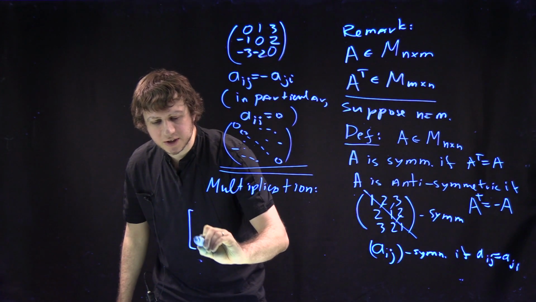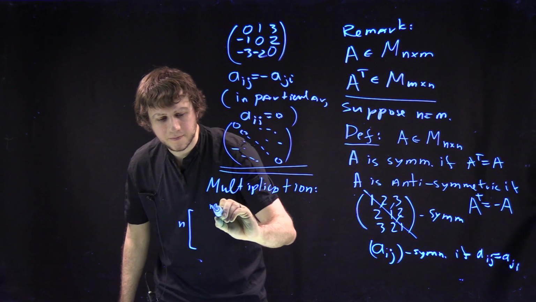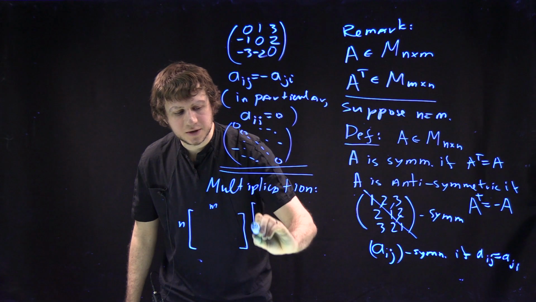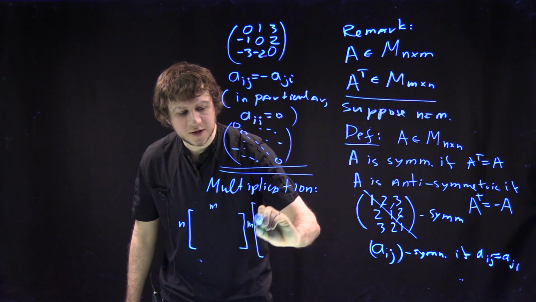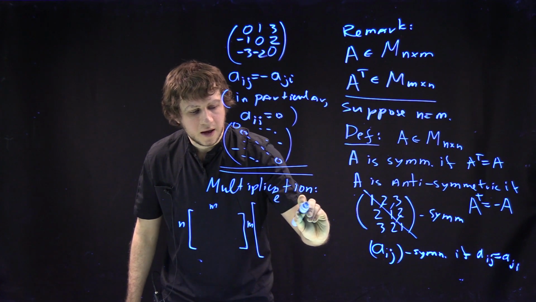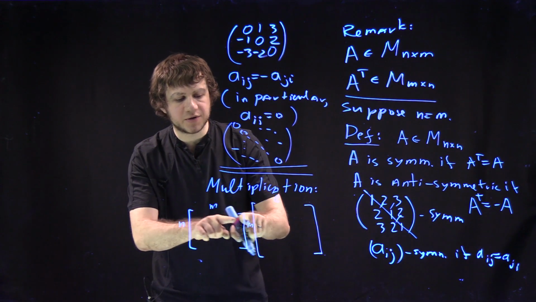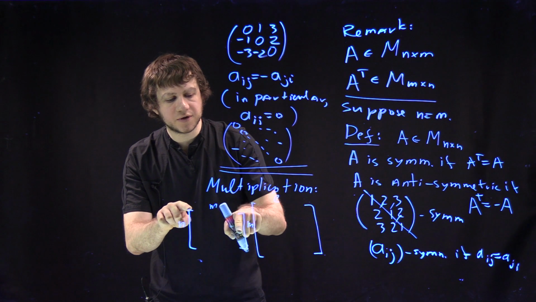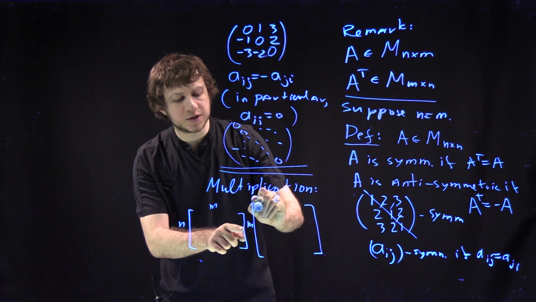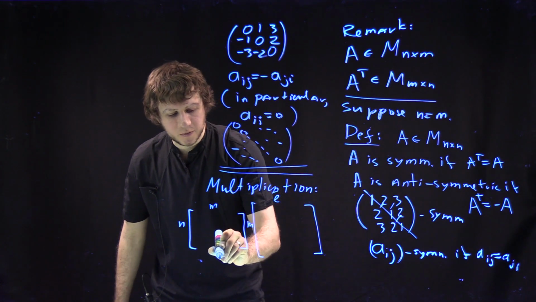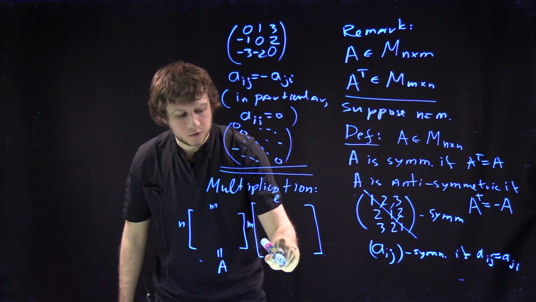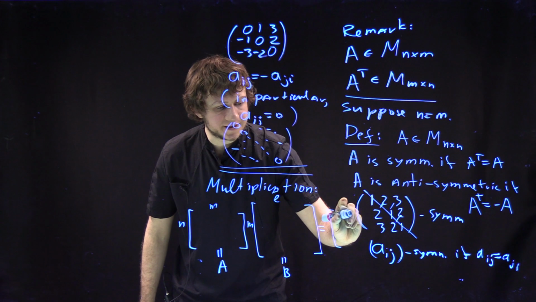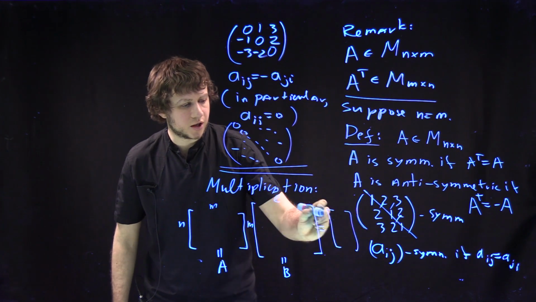So you take a matrix n times m. And then you take another matrix of size m times some other number L. What is important is that the number of columns in the first matrix is the same as the number of rows in the second. This one will be called A, this one will be called B. And then you get as a product a matrix of size N and L, which are these two numbers that are different.